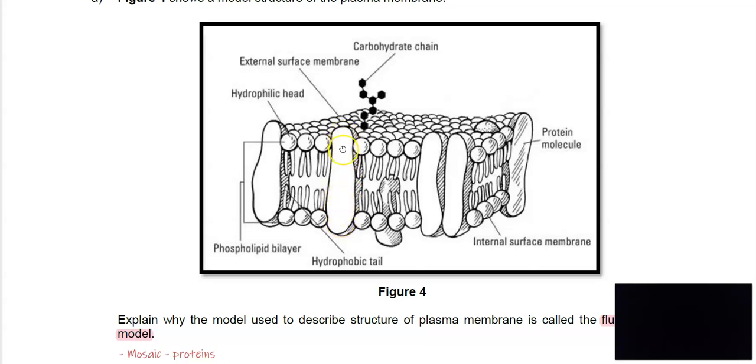We call these integral proteins or transmembrane proteins. And then you have carbohydrate attached to either the phospholipid molecule or the protein molecule. So we call them glycolipid and also glycoprotein.